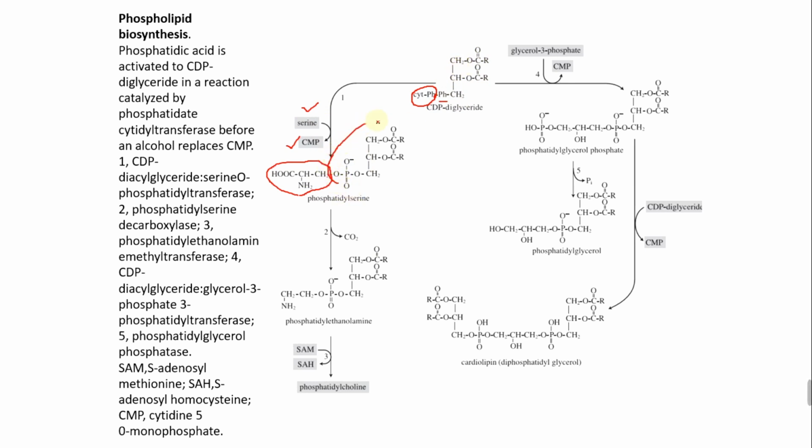These two are the same, and the fragment is the same. The serine is going to be attached, and at the time of serine attachment, the CMP is removed. Now this is called phosphatidylserine.